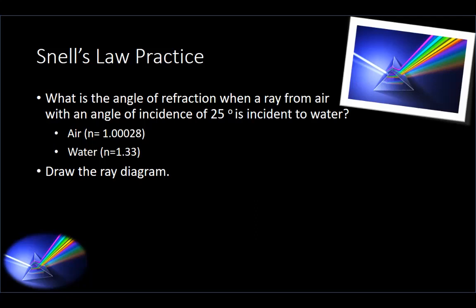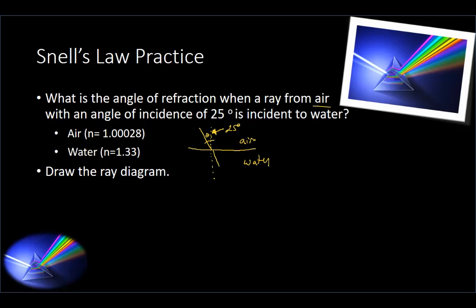So here's our barrier. We're going to be starting with air, and we're going into water. The light ray is going to come in at an angle. Here's your normal. This angle here is theta 1, which is the 25 degrees we just talked about.